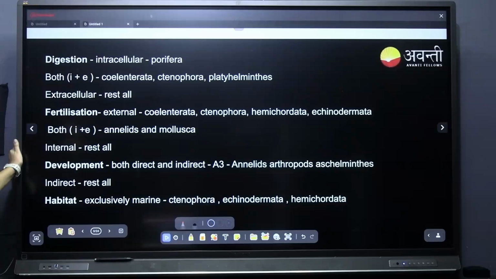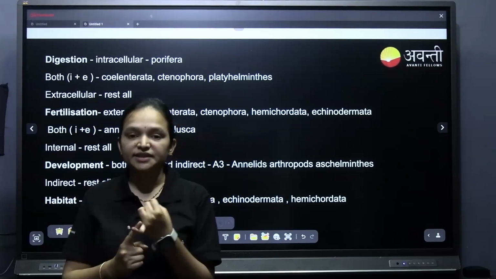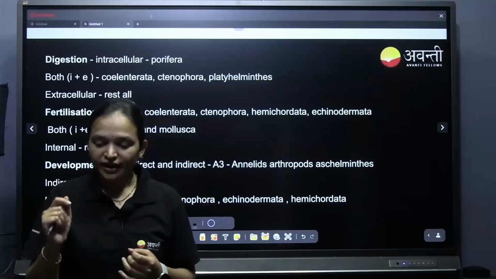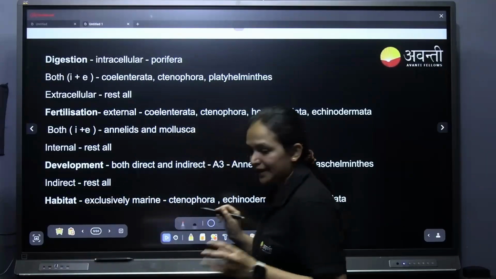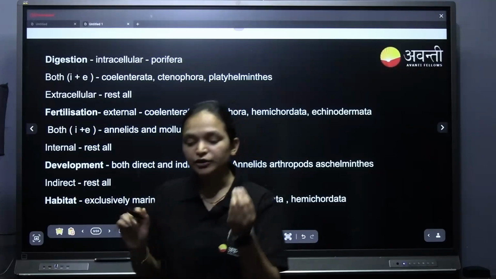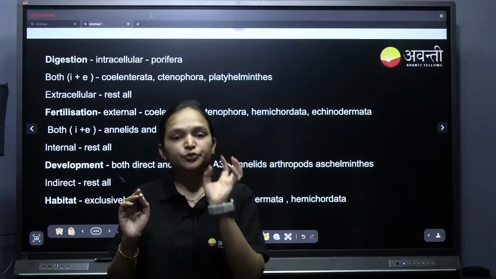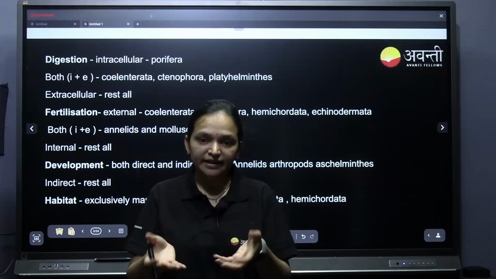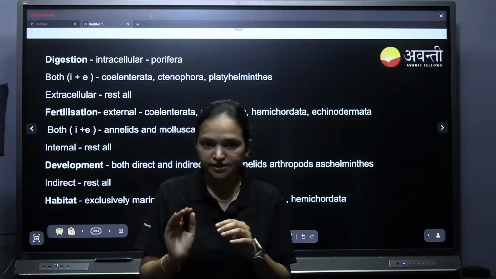Yes, so now coming to the digestive system. There are two types: one is intracellular, another is extracellular. Intracellular digestion means they don't have any particular digestive tract. Inside the cell, like amoeba does endocytosis, with the help of vacuoles, for example food vacuoles, the food is taken directly into the cell and digested in the cell.